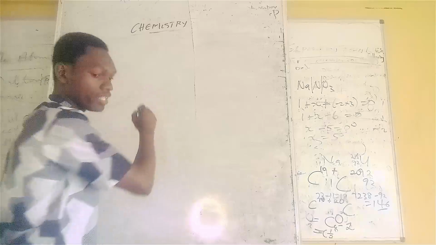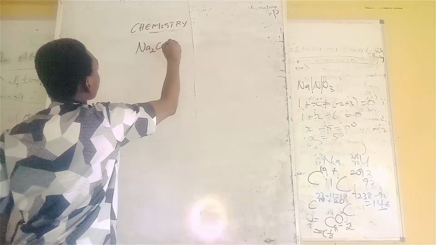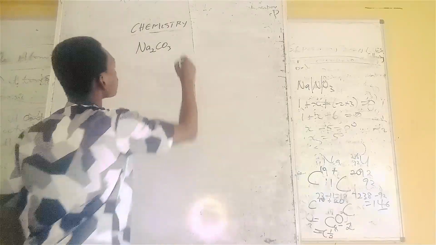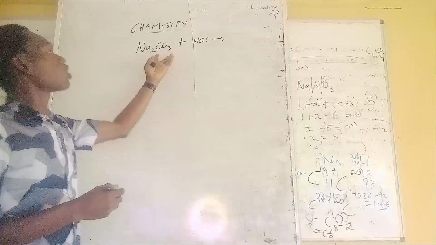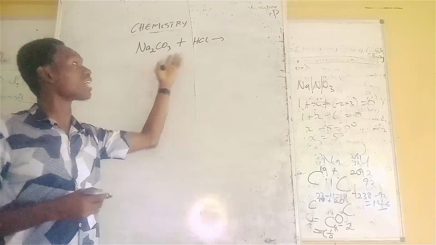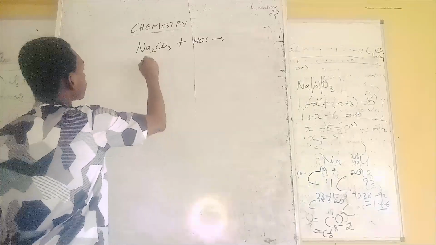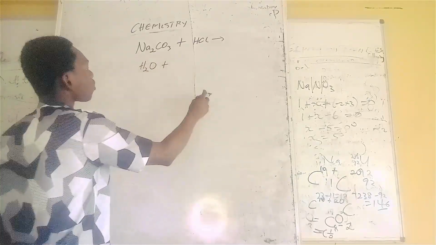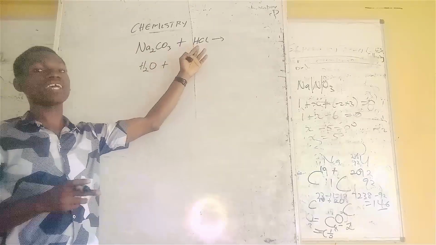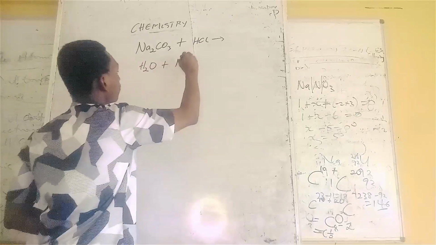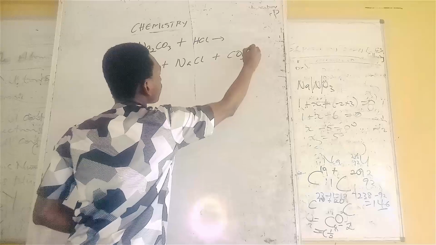The equation there is sodium carbonate reacting with hydrochloric acid, which is HCl. We know when a substance that has CO3 reacts with an acid, the products are water, a salt (salts are formed when a metal replaces the hydrogen in an acid), so the salt here will be sodium chloride, and carbon dioxide.